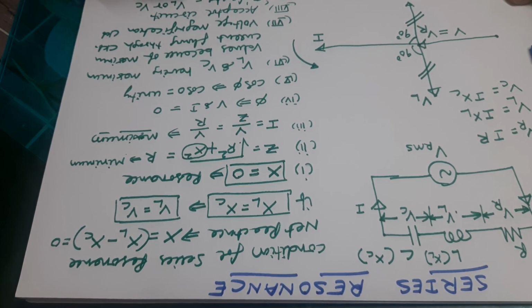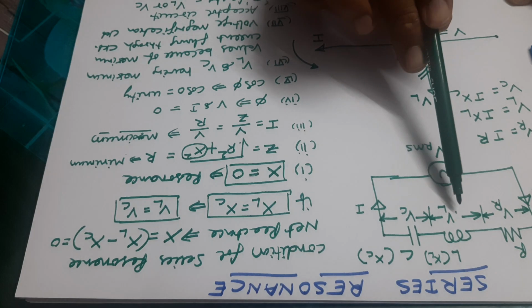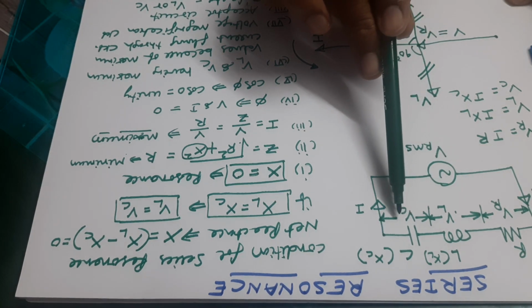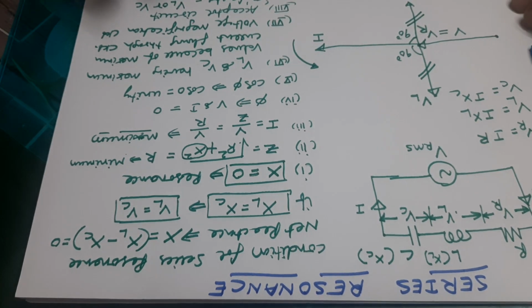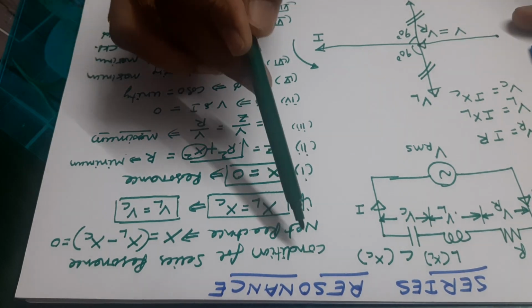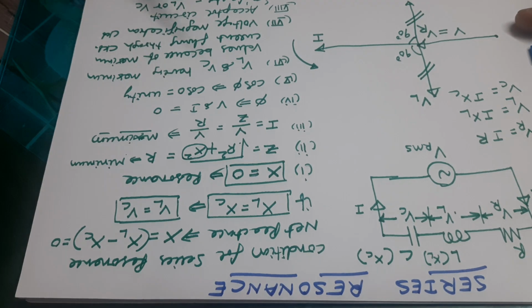This factor indicates how many times exactly the voltage across inductance or capacitance will be more than the given voltage. So these are the various salient points of the series resonance circuit.